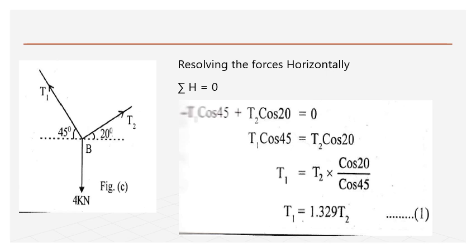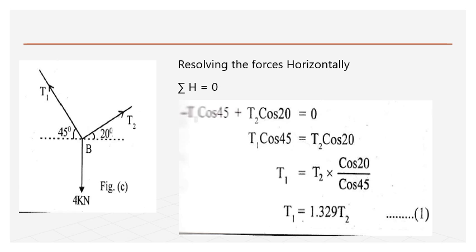Let's apply sigma H is equal to 0. Only 2 forces have horizontal components. T1 cos 45, that is acting towards left, so minus T1 cos 45 plus T2 cos 20 is equal to 0. So T1 in terms of T2 is cos 20 by cos 45, you get it as 1.329 T2.